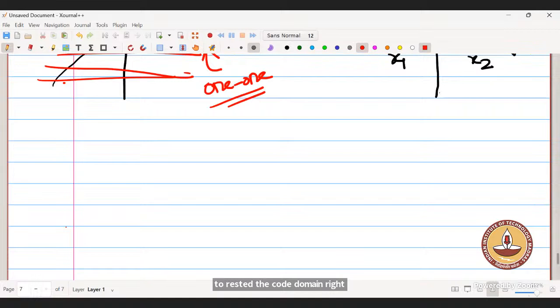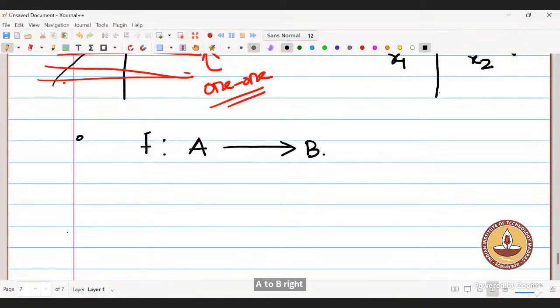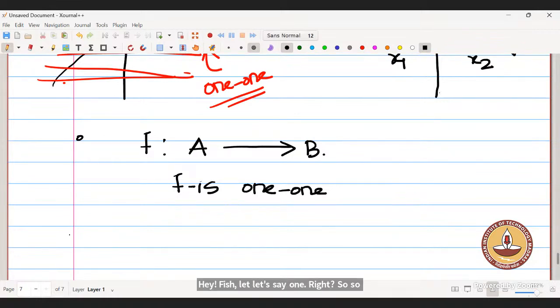So suppose you have a function f from A to B, and f is 1-1. Once I know that this function is 1-1, then I can talk about its inverse, right?